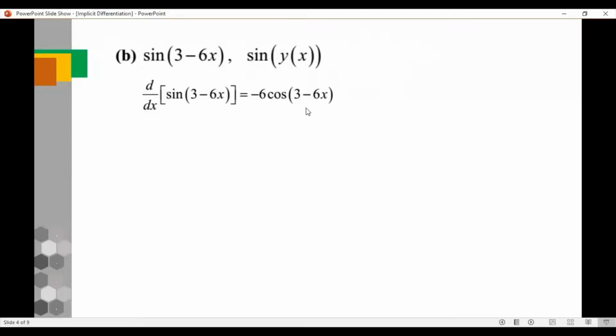After that, we take the derivative of what's inside the parentheses, which is negative 6. In all, we have negative 6 cosine of 3 minus 6x.